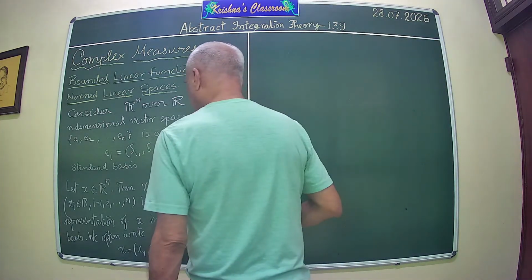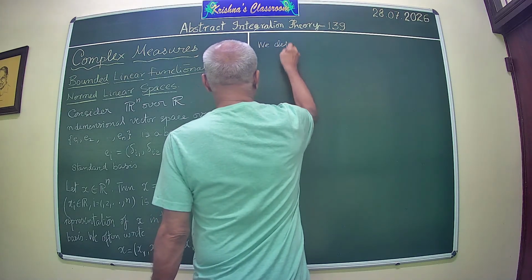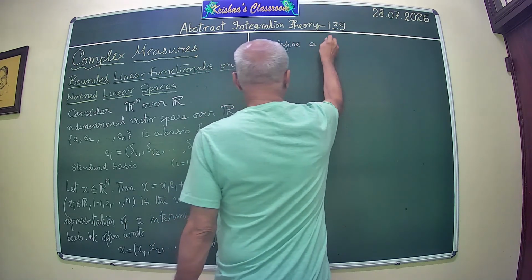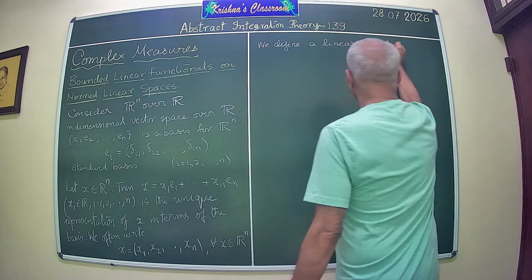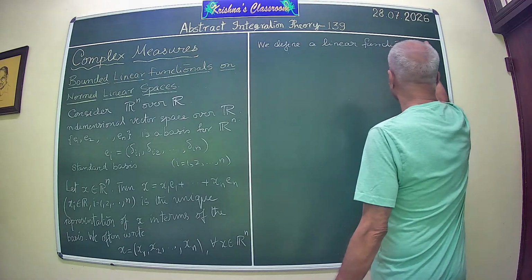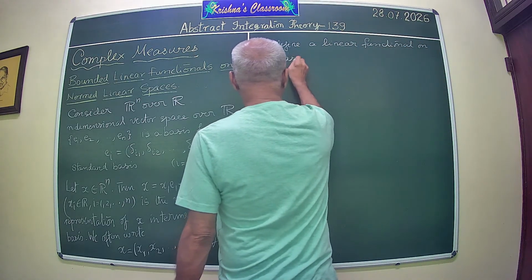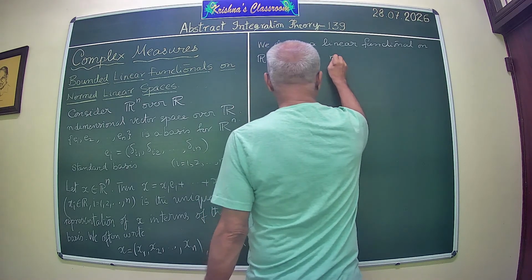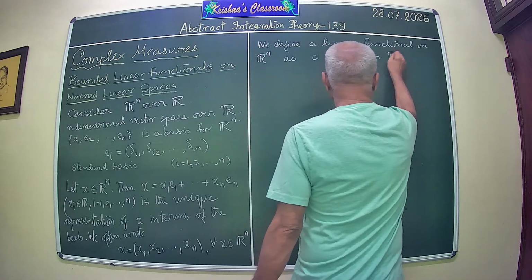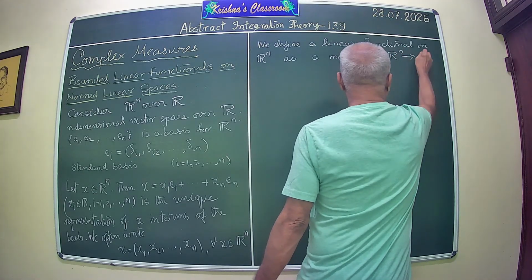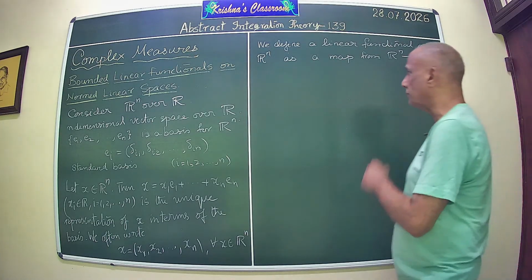Now we define a linear function on Rn as a map from Rn to R, where R is the associated field.